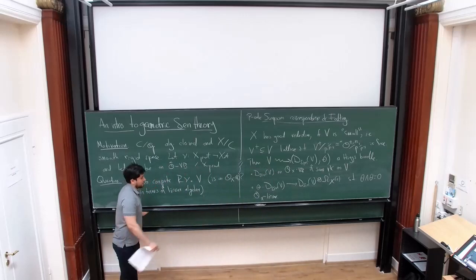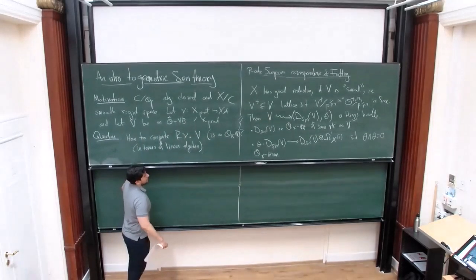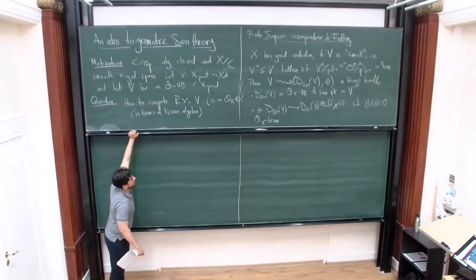So this correspondence, of course, this functor is supposed to be natural and compatible with tensor products.